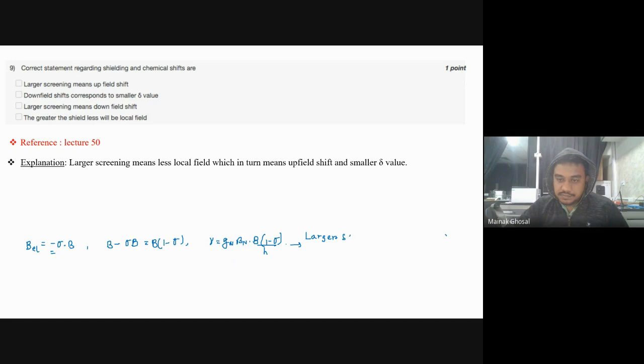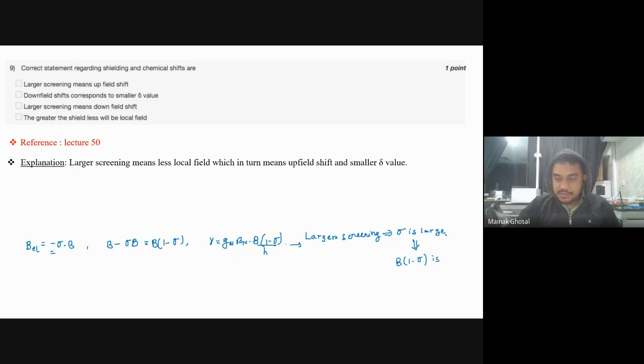So larger shielding, what does that imply? Sigma is large, right? So larger shielding means the opposing field is larger. That means sigma is large. Since sigma is large, B into 1 minus sigma will be large or small?